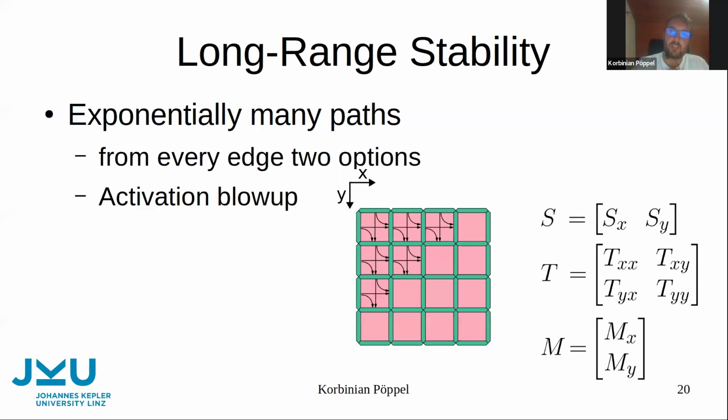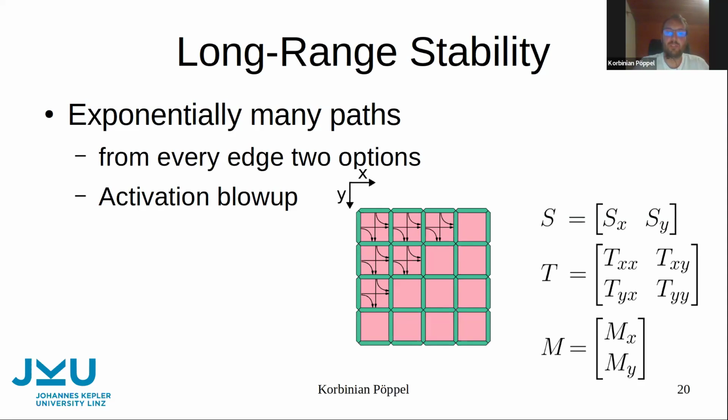For this multidimensional case, however, we cannot just look at the single transition levels, because we actually have potentially many paths. Actually, for this 2D case, it's already exponential.